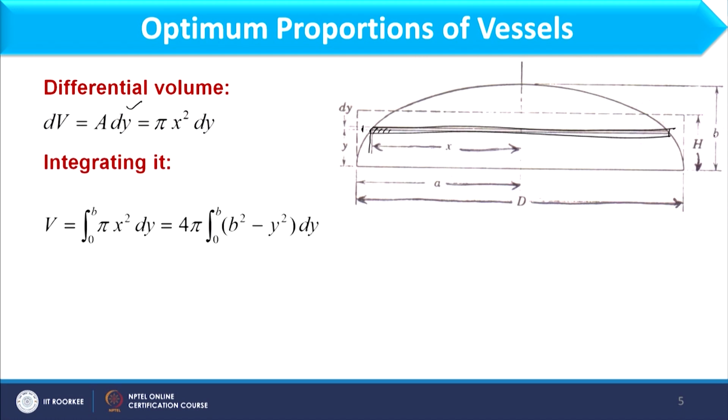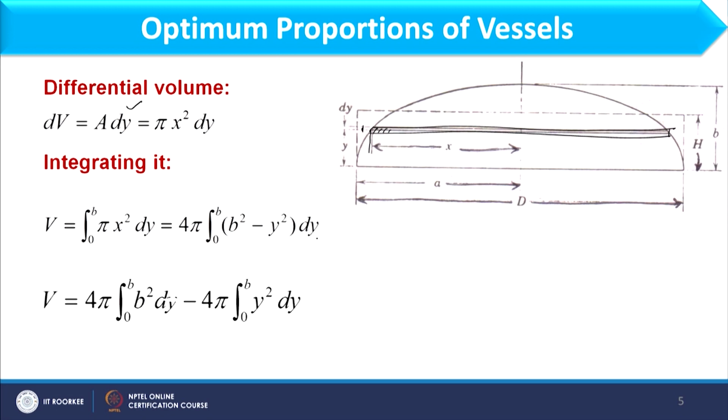Integrating this volume from 0 to b, we have the integral from 0 to b of pi x square dy, with x square in terms of y square which we have already seen in the last slide. So, we can keep that over here. That is 4 pi, integral 0 to b of b square minus y square into dy.